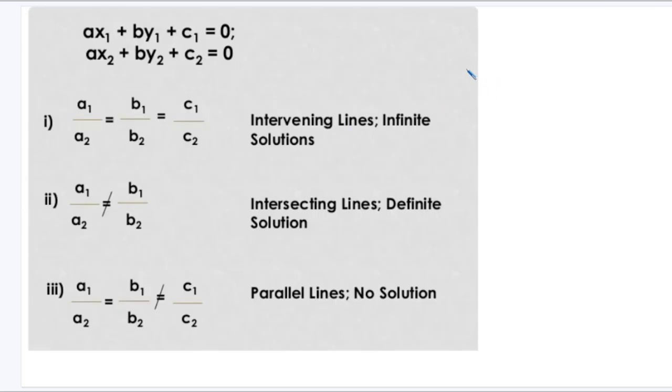This is about the position of the lines. When we draw a graph, we would draw a graph for two lines. How would the lines come out to be? This is all about that. If you have two equations a1x plus b1y plus c1 equal to 0 and a2x plus b2y plus c2 equal to 0, then what happens?